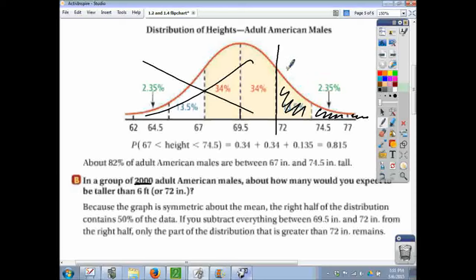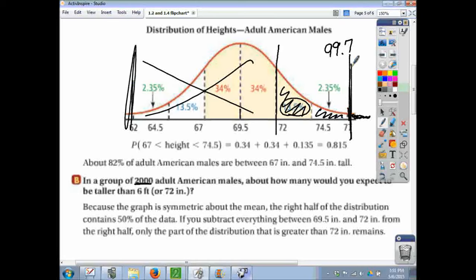So this is 13.5%. The third standard deviation here, the area was 2.35%. But then we have this little teeny area out here. So if you remember, within 3 standard deviations, that was 99.7.